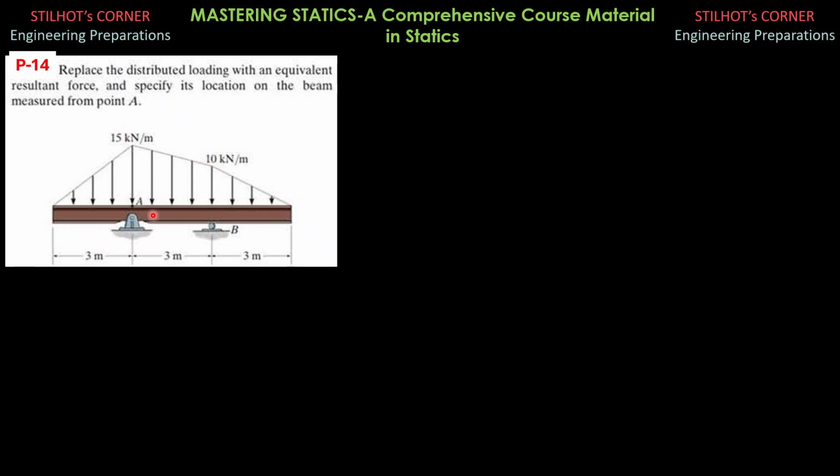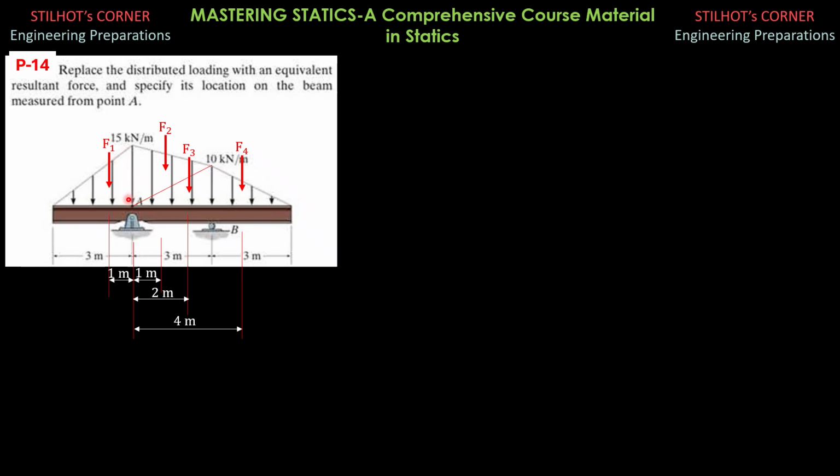So the forces are labeled and indicated as shown in the figure. For this triangle, I'll call the area F1, the equivalent force. Since this is a triangle, the distance of its line of action from this vertical line through A is 1/3 of 3, so that's why we have 1 meter here.